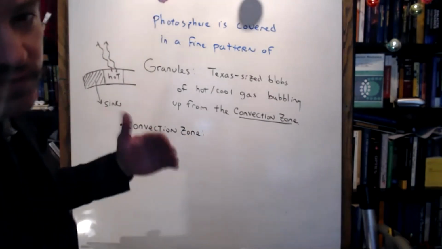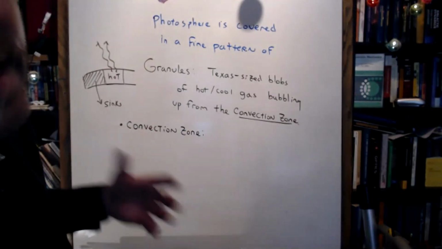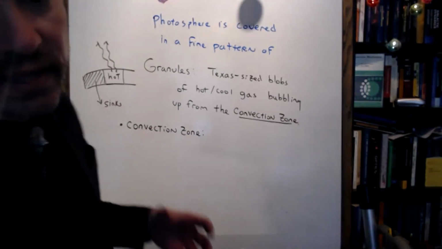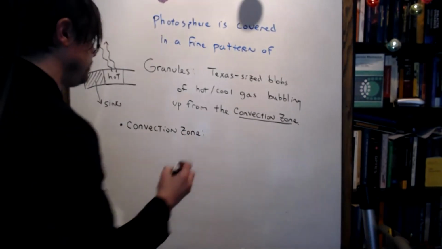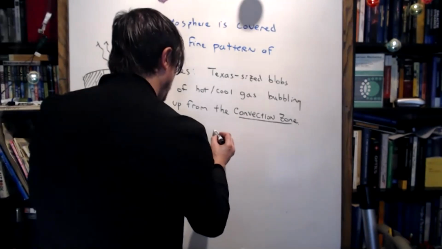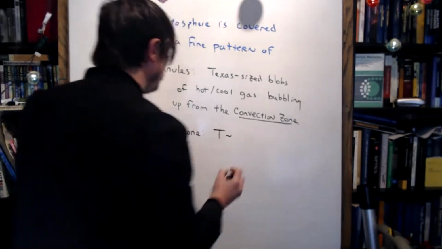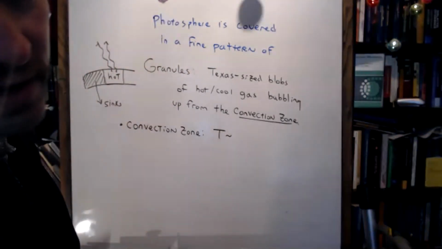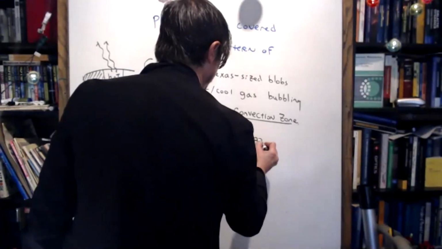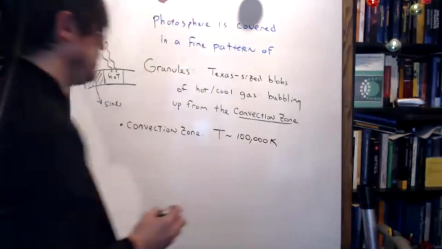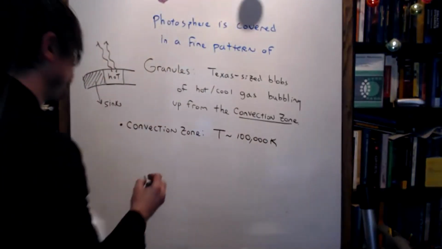which we cannot observe directly because it's too deep, it is kind of like the mantle. Like the mantle, it transports energy by convection. The temperatures vary across the convection zone, but a representative temperature for the convection zone might be something like 100,000 Kelvin. Okay?